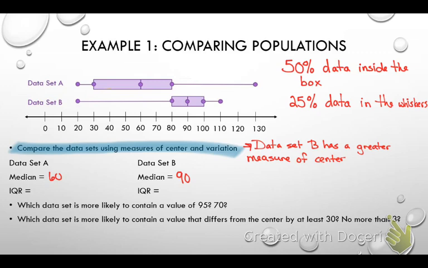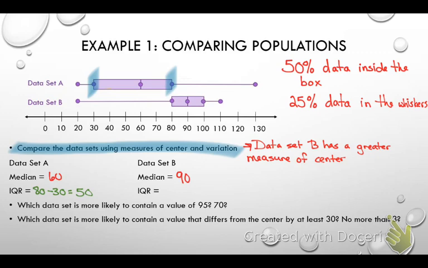So for data set A, what value is the far right point on the box that I just highlighted? 80. And what about the far left of the box? 30. So to calculate my IQR, it's 80 minus 30. 50. Okay? Interquartile range. I'll explain more in a minute what that means.